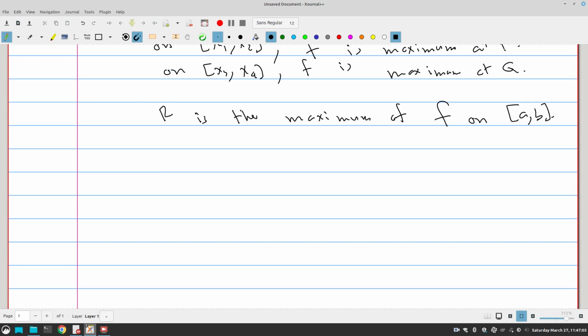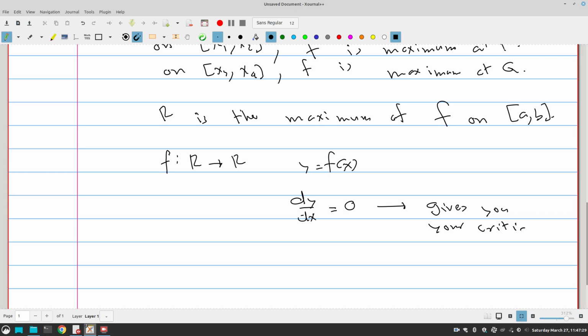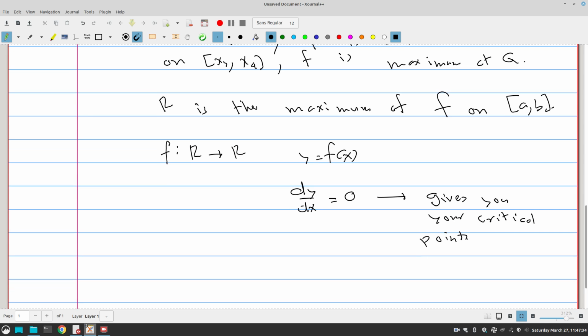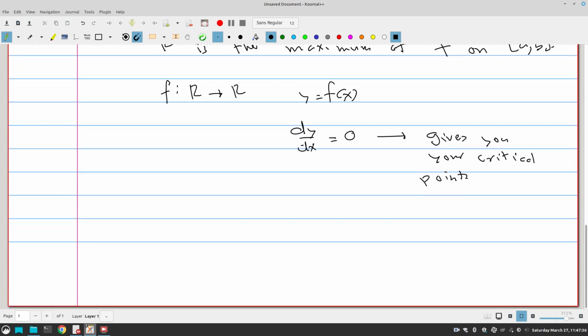In single variable calculus, if you had f(x), some function of x, what you would do is find dy/dx and set it equal to 0, and this gives you your critical points. But how would you do this if you had a function of two variables?